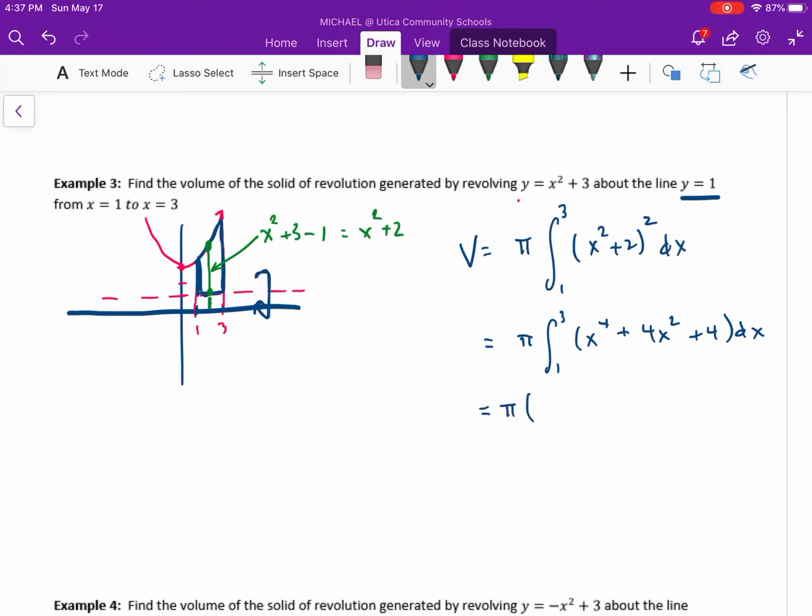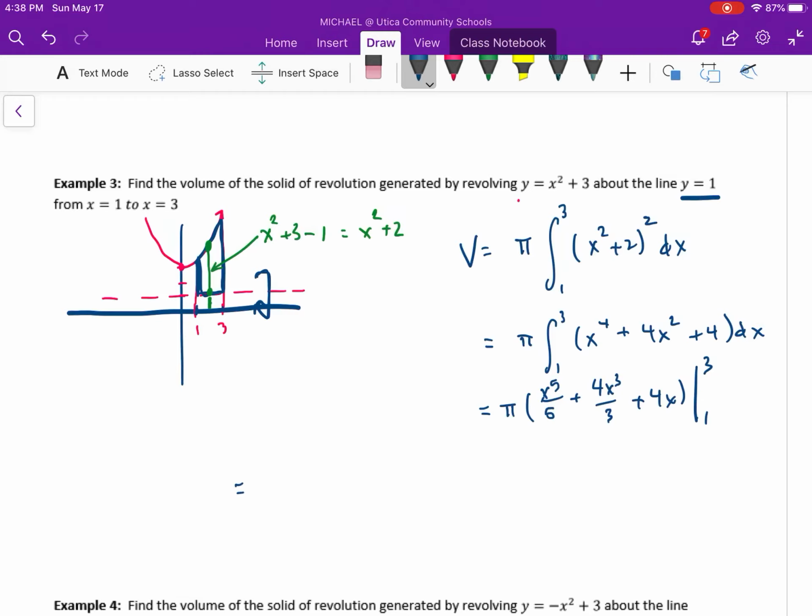Okay, that's going to be a pretty straightforward integral. X to the 5th over 5 plus 4x cubed over 3 plus 4x from 1 to 3.